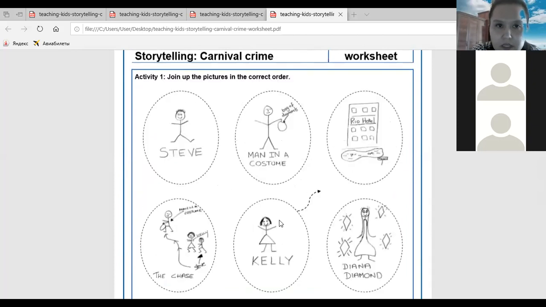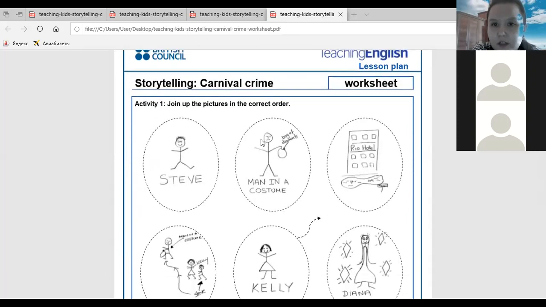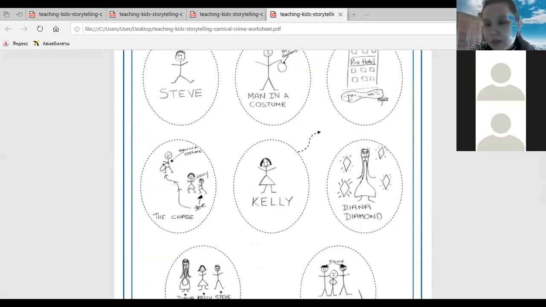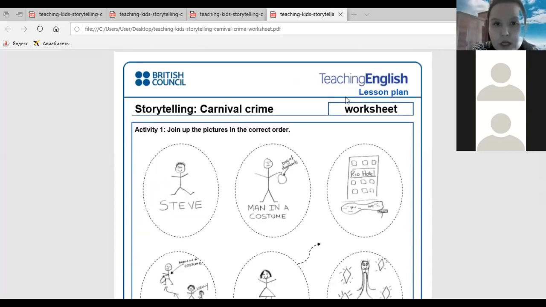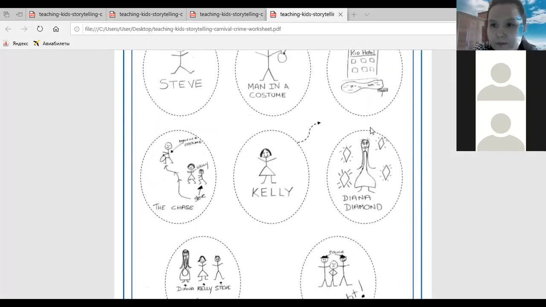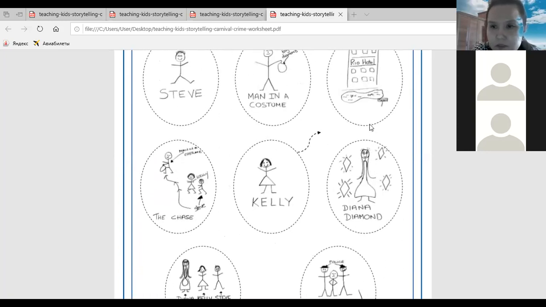end the code. So activity 1, join up the pictures in the correct order, and there you will make up a story if you put these pictures in the correct order. Can you put it now in the correct order? Is it visible, guys?